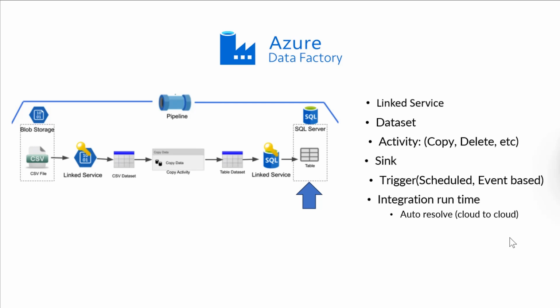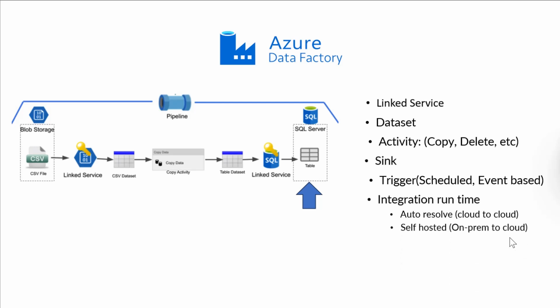So if your source and your target in the pipeline both are in Azure Cloud or in our cloud base, the integration runtime would be auto resolve. So it means that it's very straightforward because both resources are on the cloud.